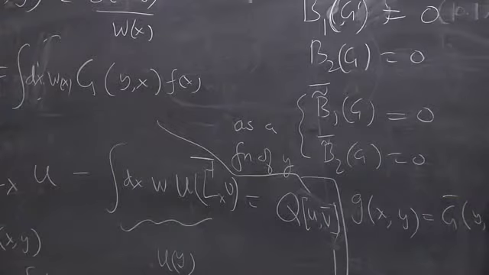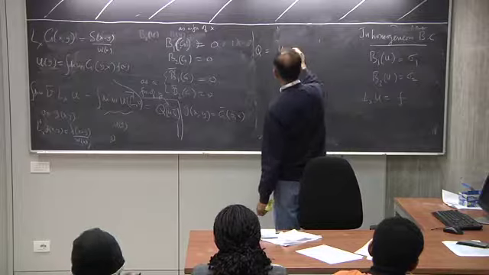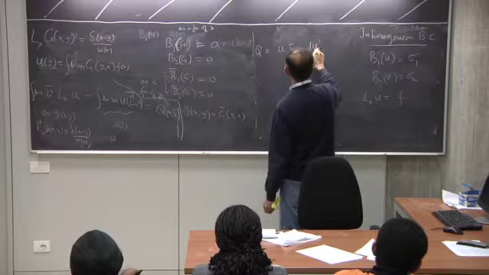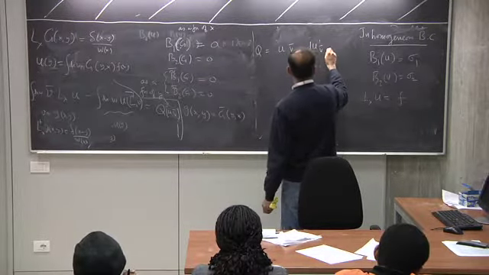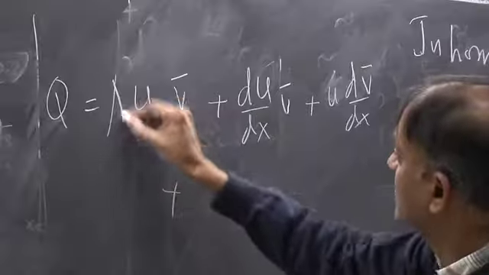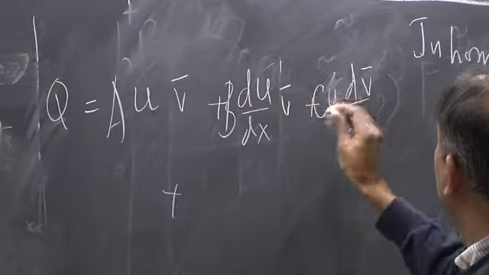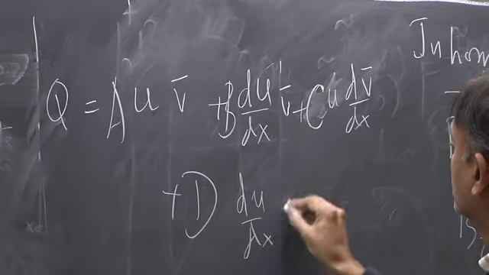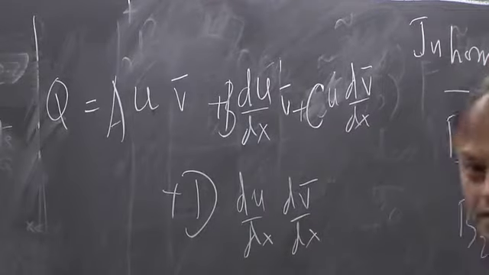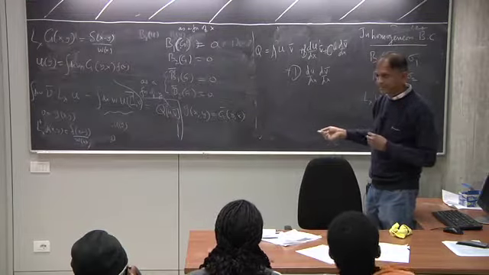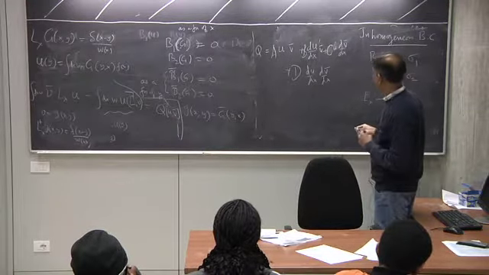Generic terms of Q were something like U V bar plus du by dx V bar plus U dV bar by dx plus, with various coefficients, let's say A, B, C, and D. That is the kind of boundary terms you will find.